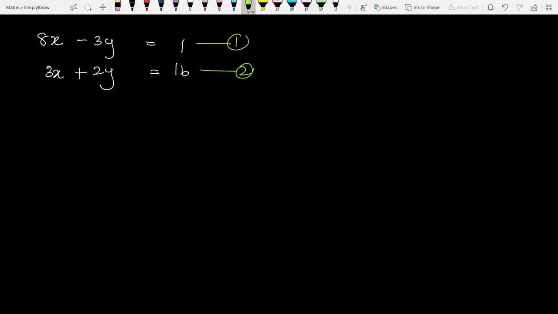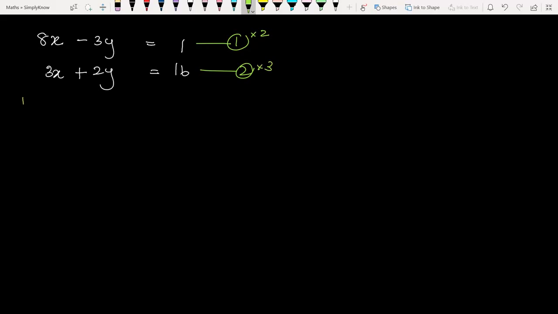If you want, you can equate the coefficients of x. So 3 and 2, we can equate them to 6. So I need to multiply the first equation by 2 and the second equation by 3.